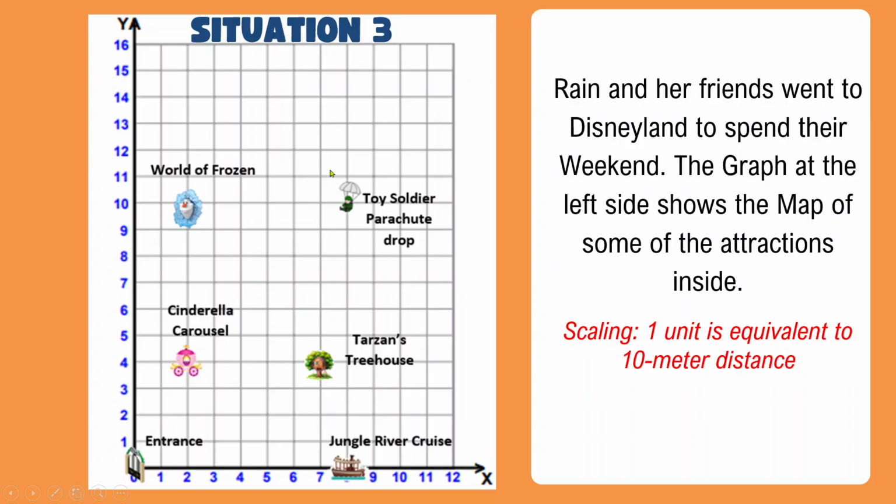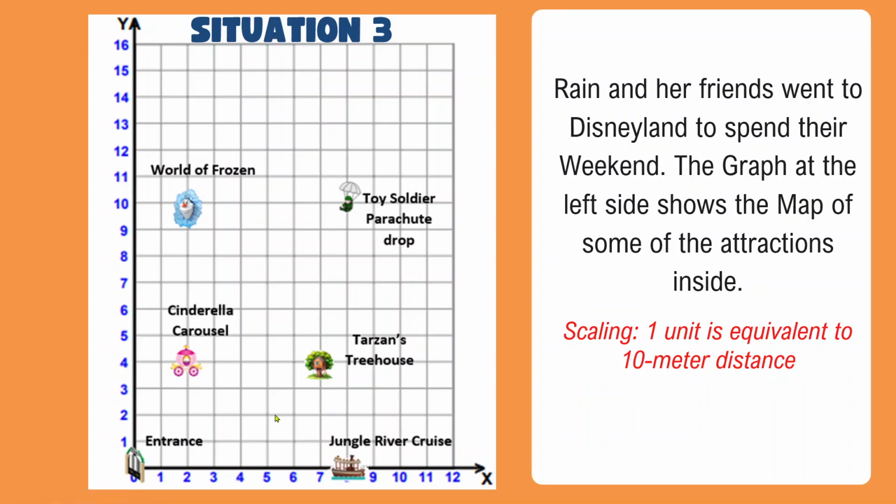Positive, positive, quadrant 1. Now, what are the attractions? We have World of Frozen, Toy Soldier Parachute Drop, Cinderella Carousel, and then Tarzan's Treehouse. We have also Jungle River Cruise, and then the entrance.